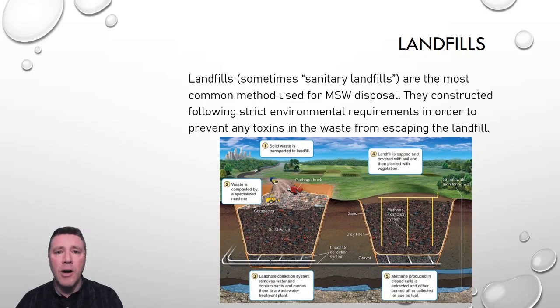The absence of oxygen in many landfills slows down the process of decomposition and results in the production of methane, so a methane extraction system is constructed to prevent the buildup of the gas. It is often collected and used in natural gas power plants for the production of electricity.